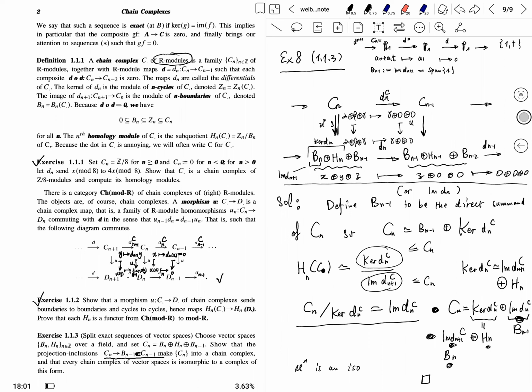And in this case, what you write would be Pn is isomorphic to Bn minus 1, their sum with kernel Hn minus 1, their sum with Bn, Hn, Bn minus 1.